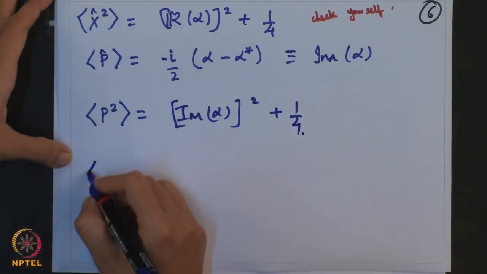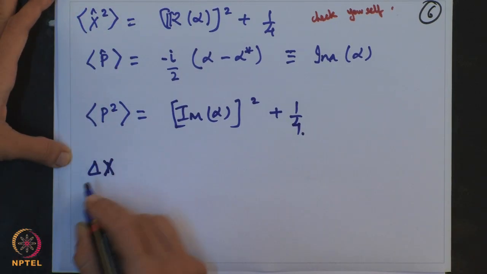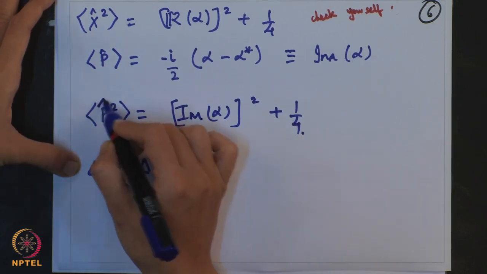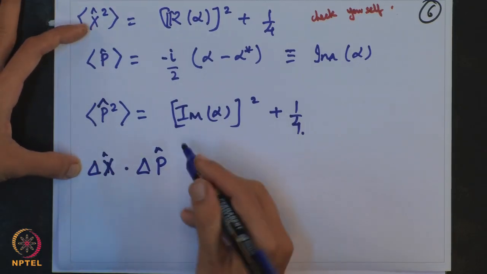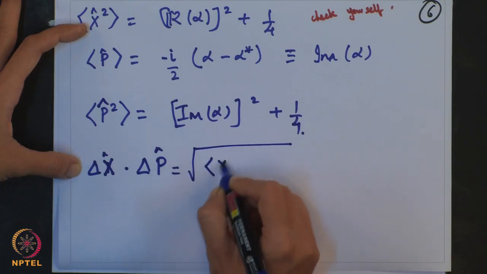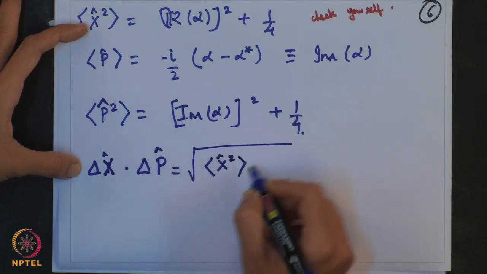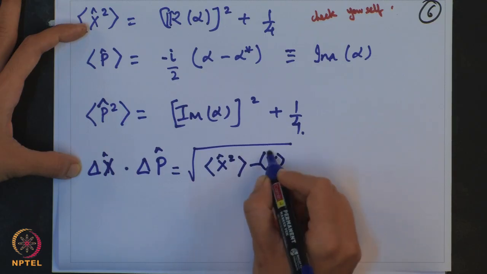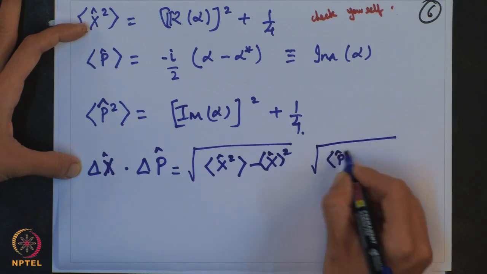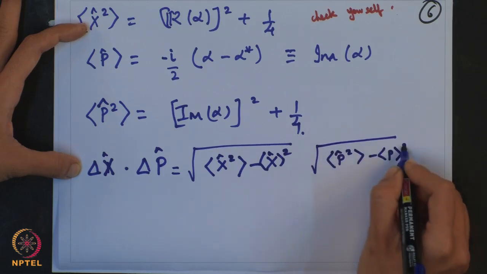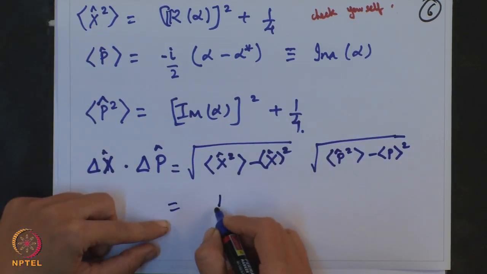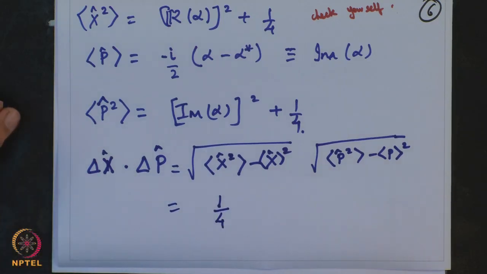Now, the next step would be to calculate delta x dot delta capital P. Delta x dot delta P will be the square root of, you know the definition, x square minus the expectation value of x square, into similarly P minus P square. We have evaluated all these, and when you substitute this, you will have something like this.